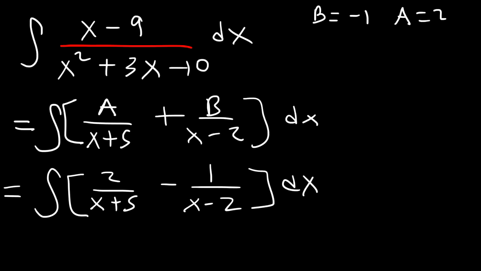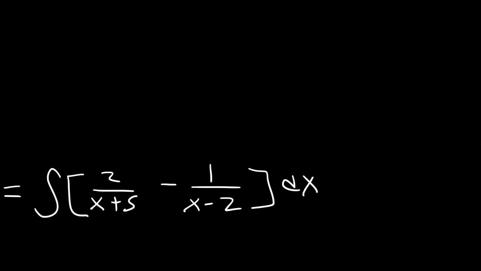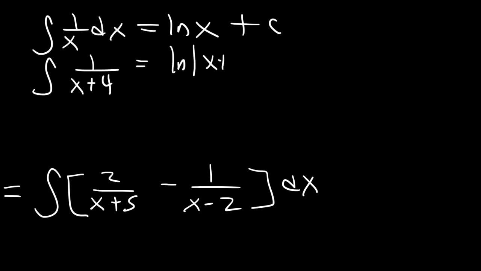Now let's go over a few things that you need to know. The antiderivative of 1 over x is ln x plus some constant c. The antiderivative of 1 over x plus 4, if you just have a linear factor, it's going to be ln x plus 4, and then plus c.